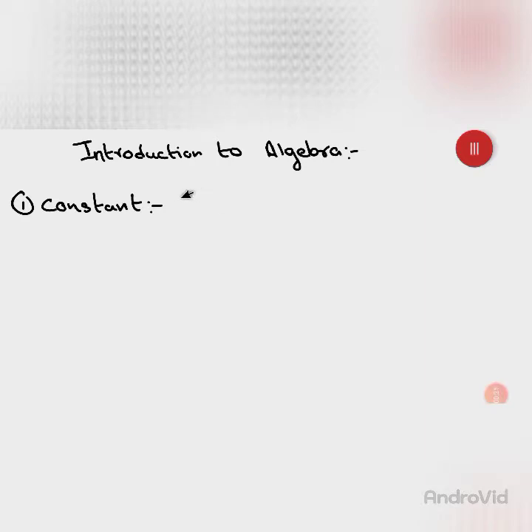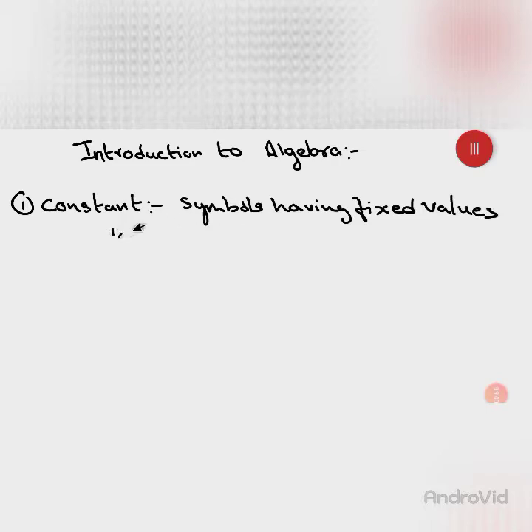Constants are the symbols having fixed values like 1, 2, 3 and so on. They are fixed.